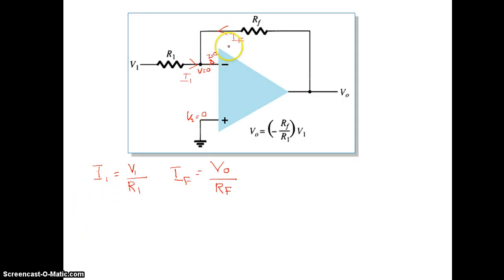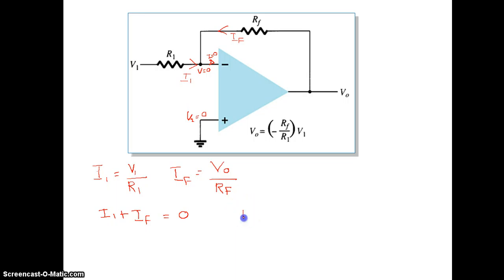So by KCL, Kirchhoff's current law, at this node I can write: the current entering the node is I1, and the current entering the node is IF, and the current leaving the node is I, that is equal to 0.